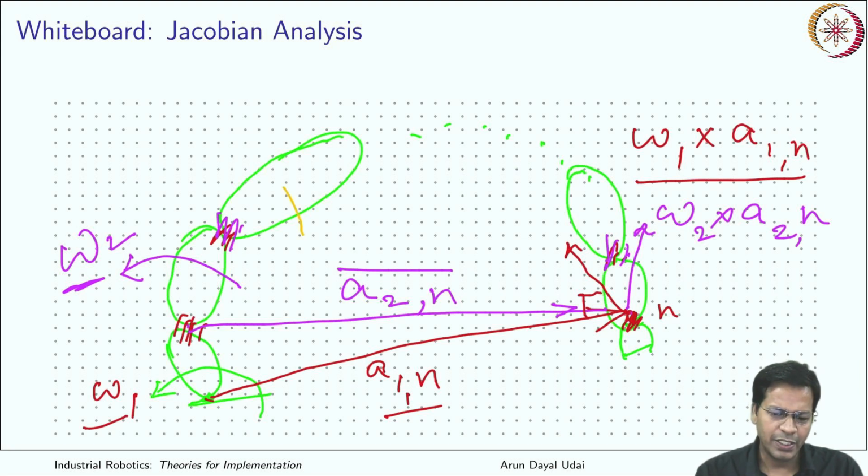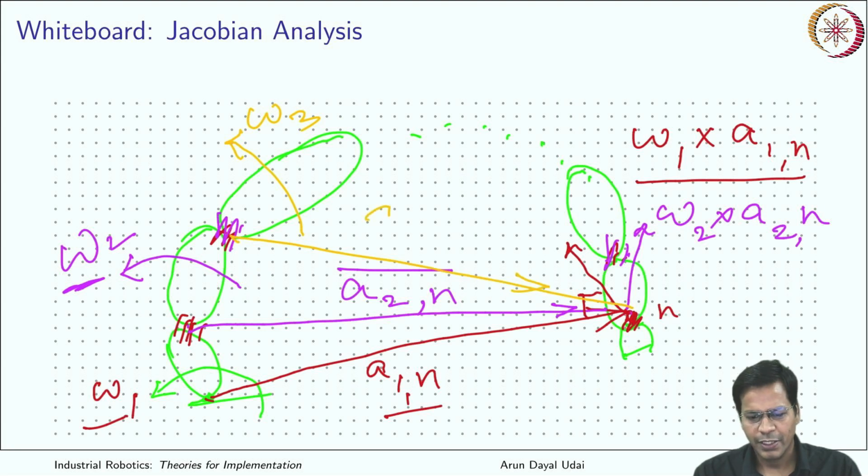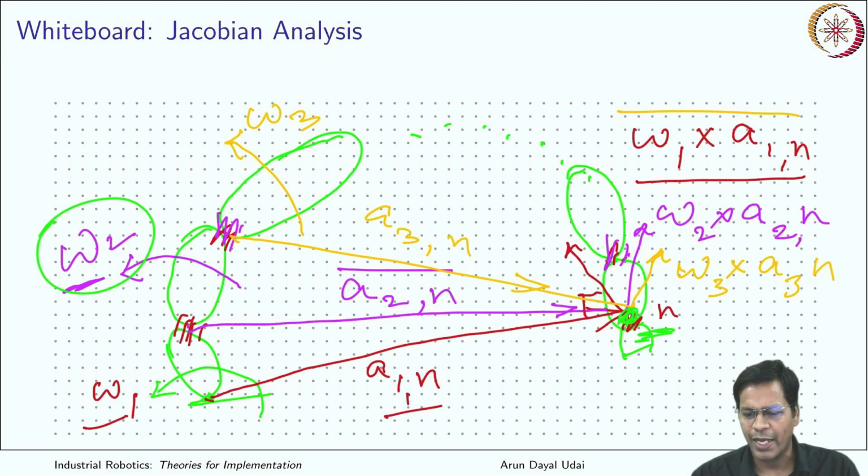Okay, so this link is also moving. Omega 3, you have a third velocity vector, that is a3n. The third component will be omega 3 cross a3, and that comes here again perpendicular to that. So whatever is the nth frame velocity you see, it has components of all these.